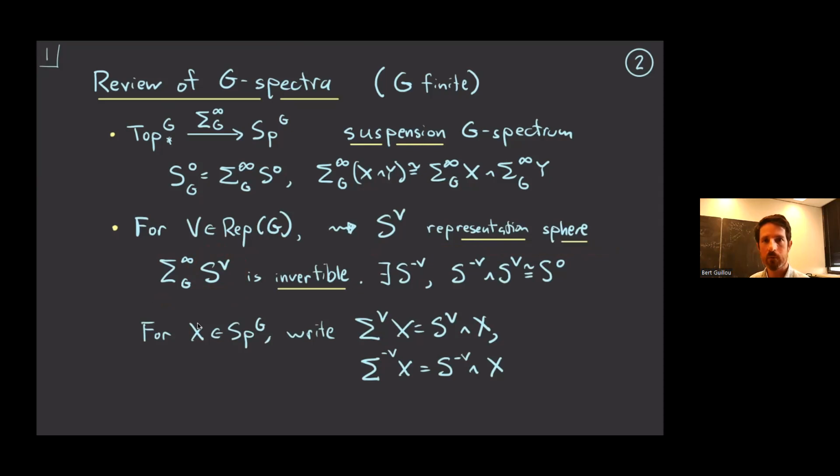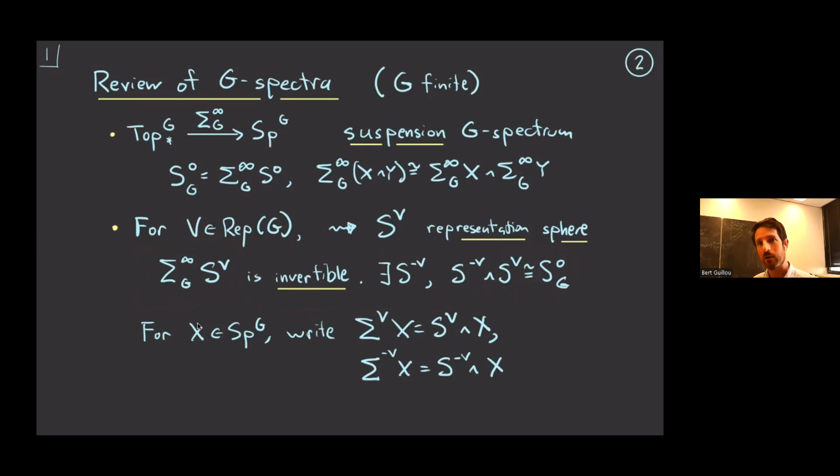What that means is that there's some other G spectrum, let's call it S minus V, and if you smash that with S^V, and I'm already abusing notation, what I really mean is the suspension spectrum, then you get back the sphere G spectrum. I should have put a subscript G there. So these representation spheres become invertible.